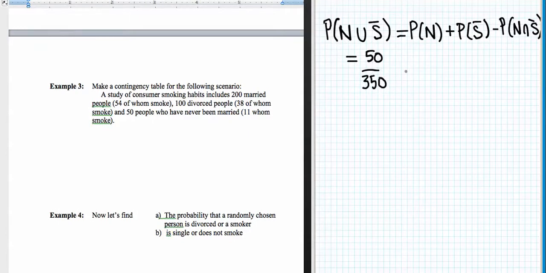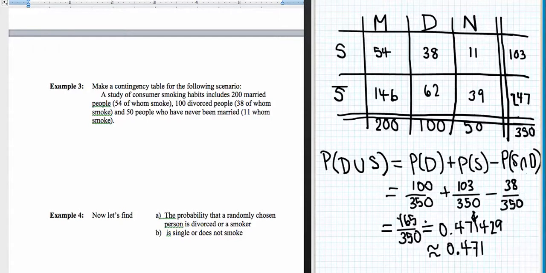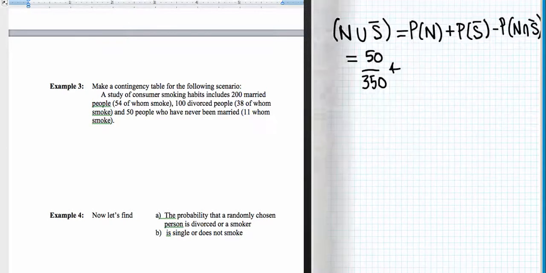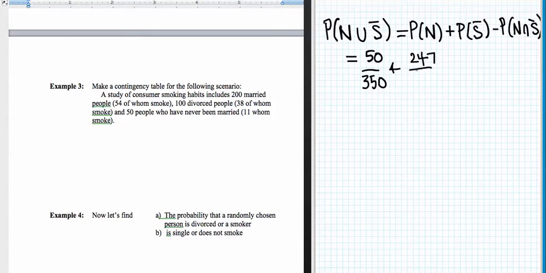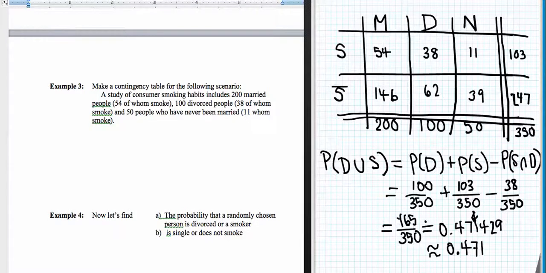And then the probability that they're not a smoker, so not smokers, those would be 247 not smokers. And then to top it off, we've double counted those that are not smokers and never been married. So these guys and these guys had an overlap here of 39.